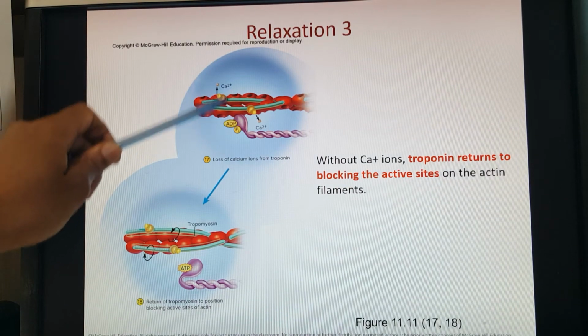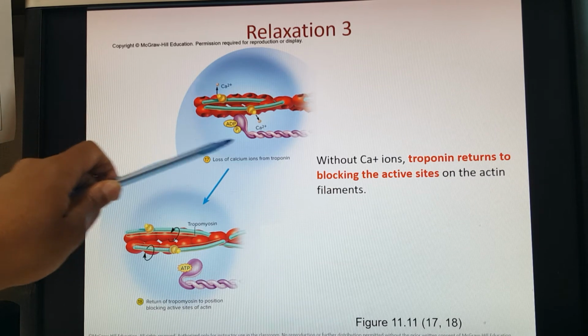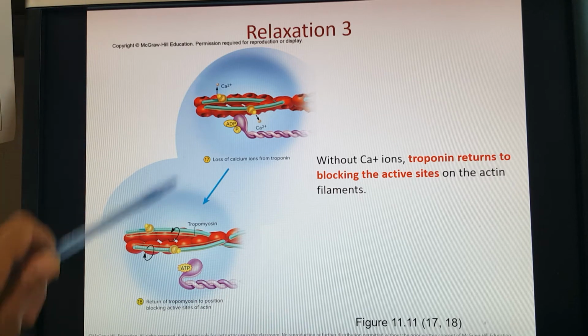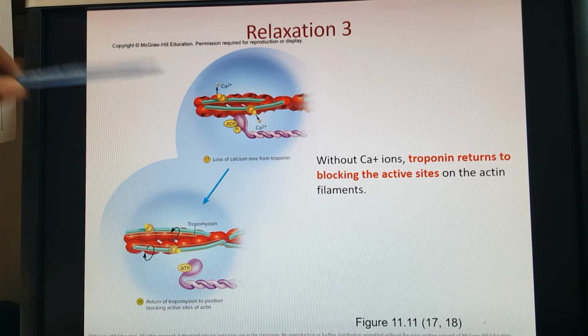Here, our myosin head, our ATP has hydrolyzed, we're doing this phase. We already talked about this, sorry.